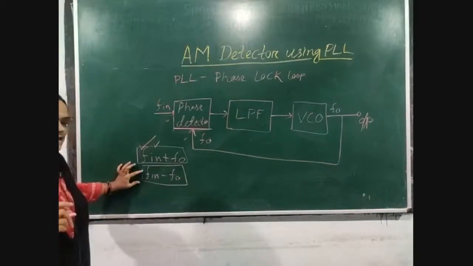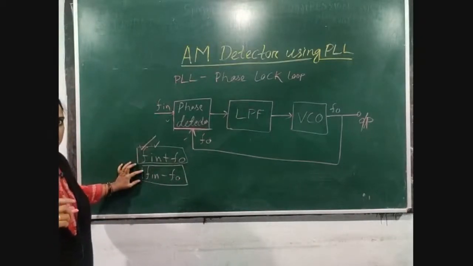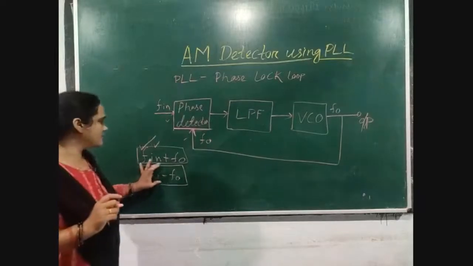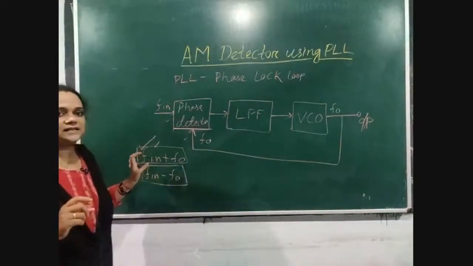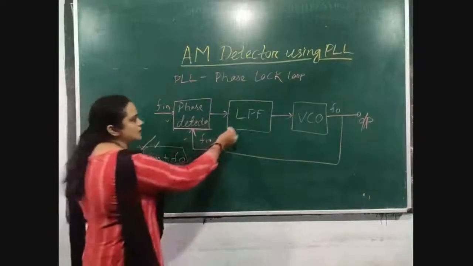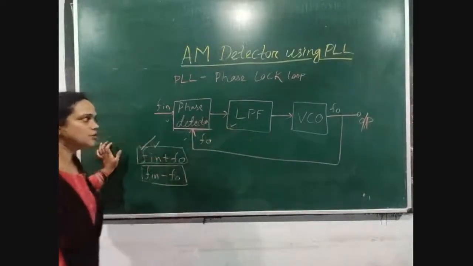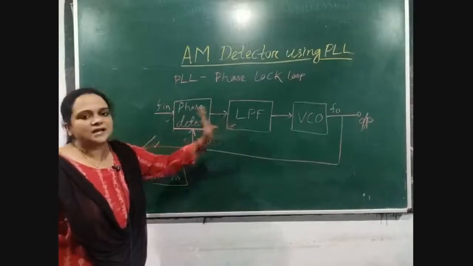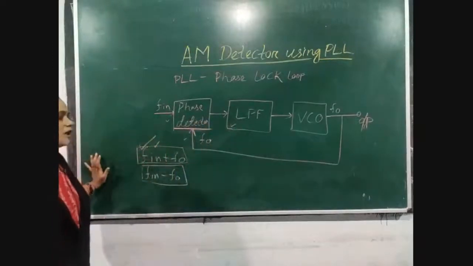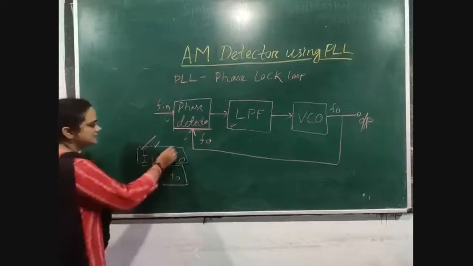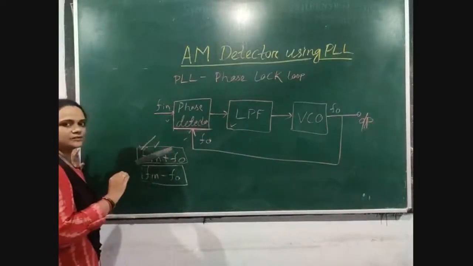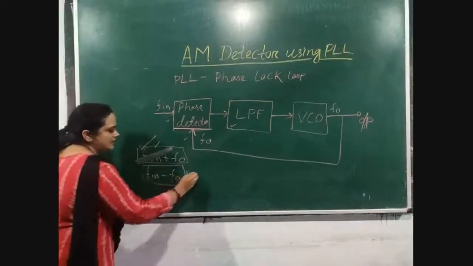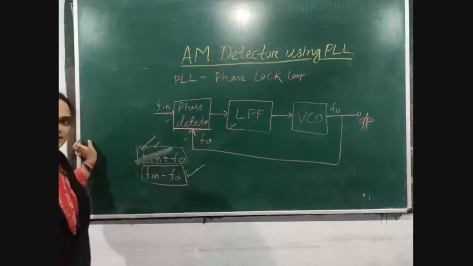So we only consider the low frequency signal, and this low frequency signal is selected by using a low pass filter. So the output of the phase detector is passed through the low pass filter. Low pass filter rejects the high frequency component and only allows the low frequency component.